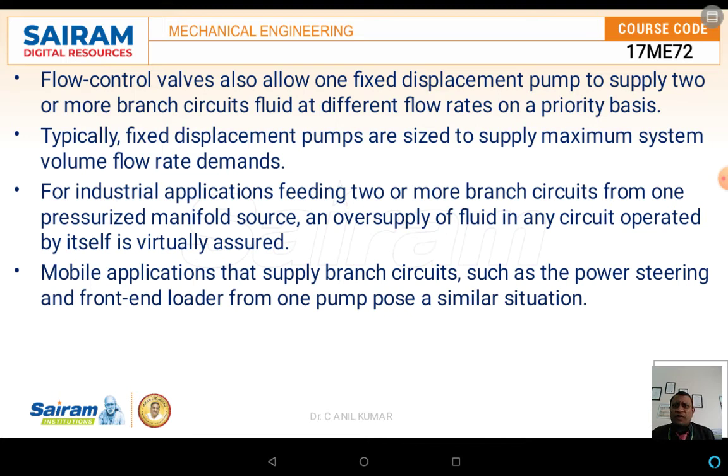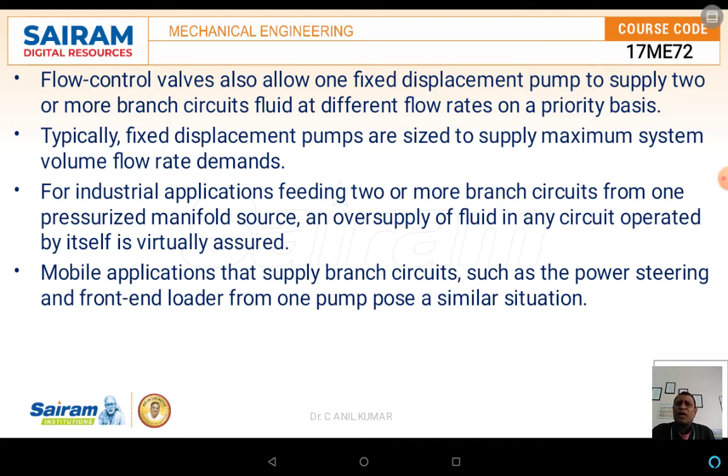Typically what will happen, a fixed displacement pump sized to supply the maximum system volume flow rate depends. Now in an industrial application, feeding two or more branch circuits from one pressurized manifold source, an oversupply of fluid in any circuit operated by itself is virtually assured.